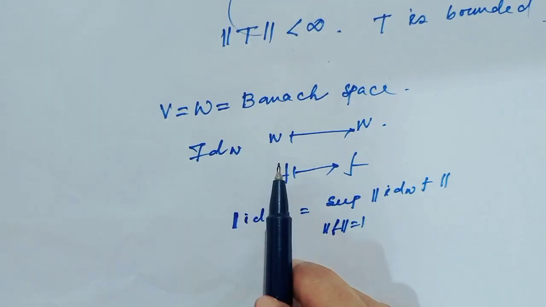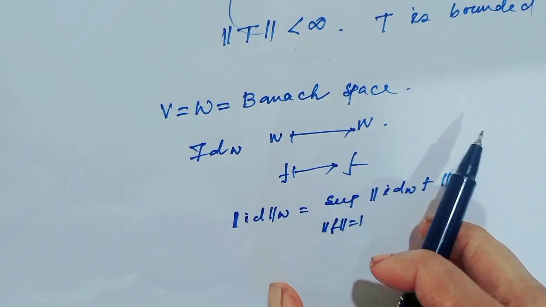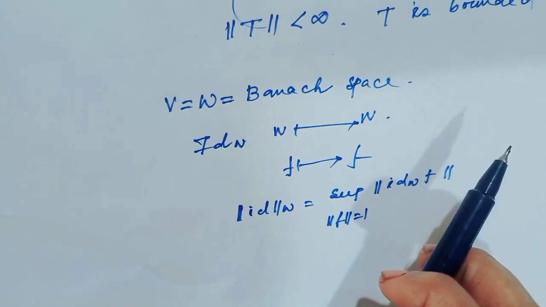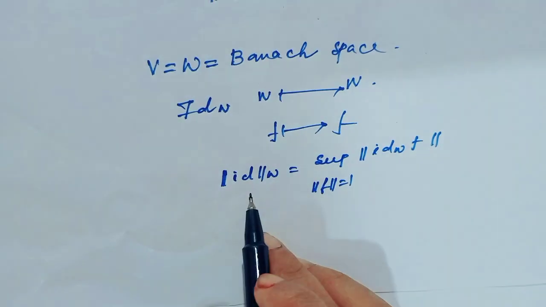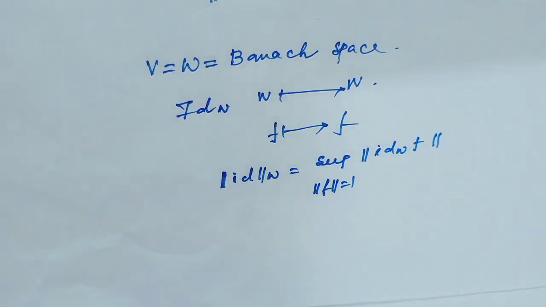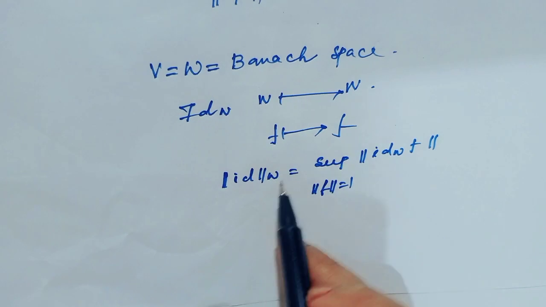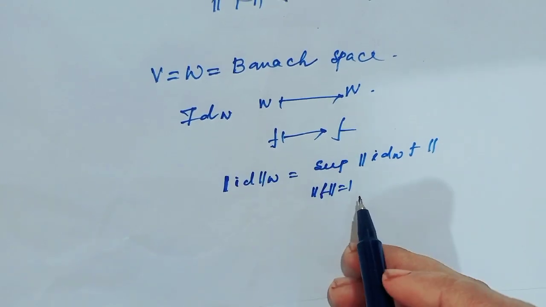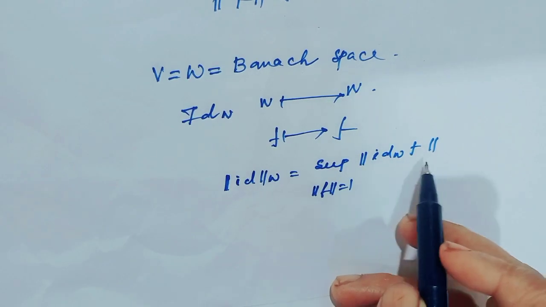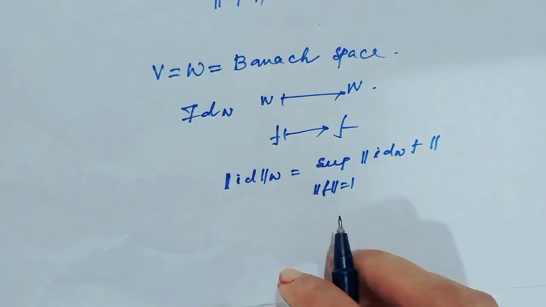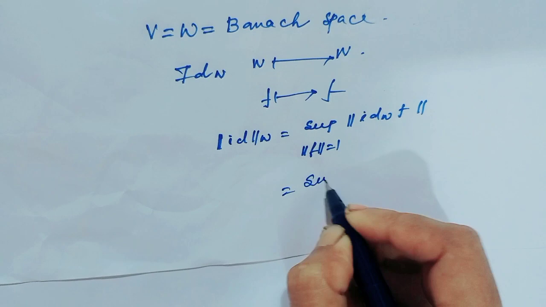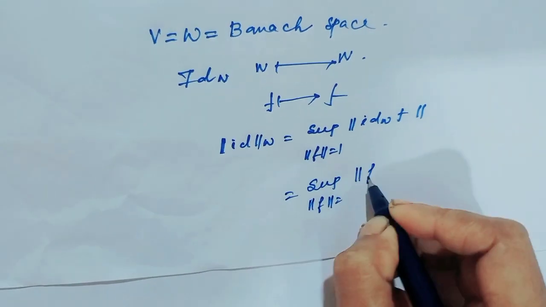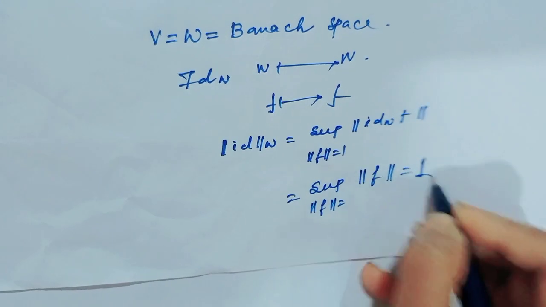That means the mapping is of type W to W, and since here it is the identity operator, that means F maps to F. Then the norm of the identity operator with respect to W equals the supremum over norm of F equal to 1 of the norm of identity F. This is actually the supremum over norm of F equal to 1 of the norm of F, and this value is actually 1.